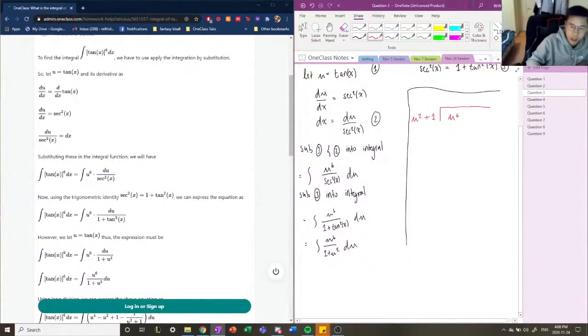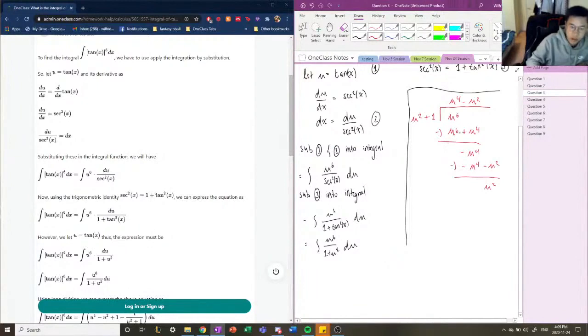To get rid of u to the power of 6, we multiply u squared plus 1 by u to the power of 4, and we get u to the power of 6 plus u to the power of 4. If we subtract that, we get negative u to the power of 4. To get rid of this leading term, we multiply by negative u squared, and we get negative u to the power of 4 minus u squared. If we subtract that, we get u squared.